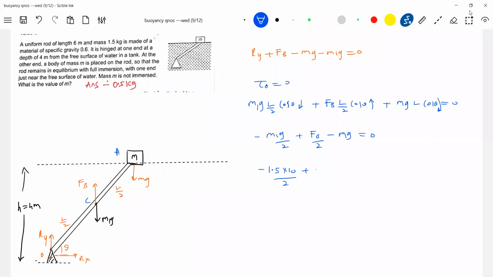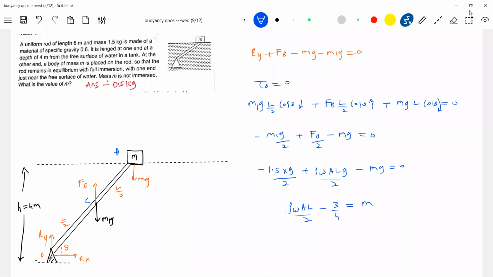Buoyant force, density of water, ALg by 2. This mg, we don't know. Okay, the g also gets eliminated. This will become minus 3 by 4. Rho W AL by 2 minus 3 by 4 equal to m.